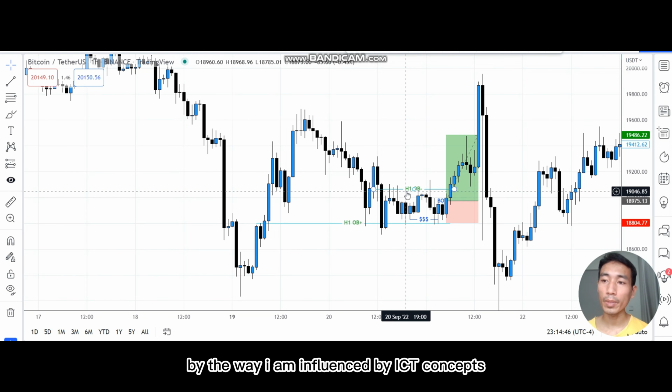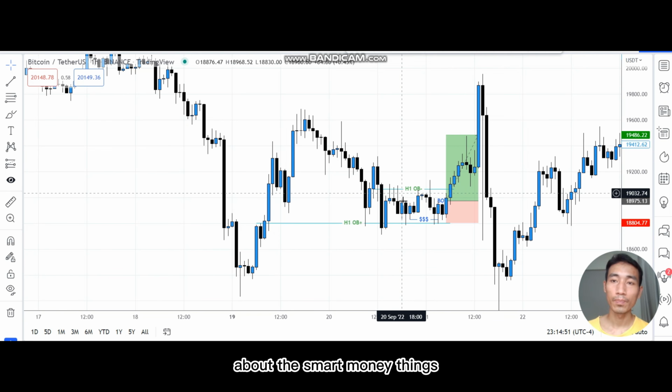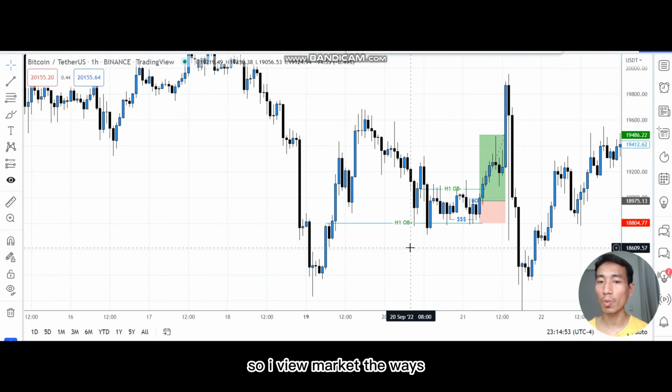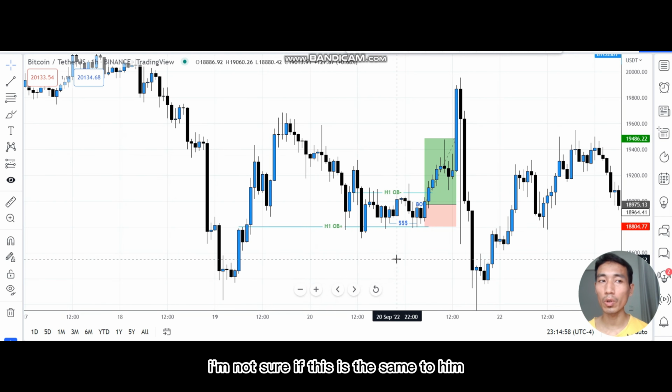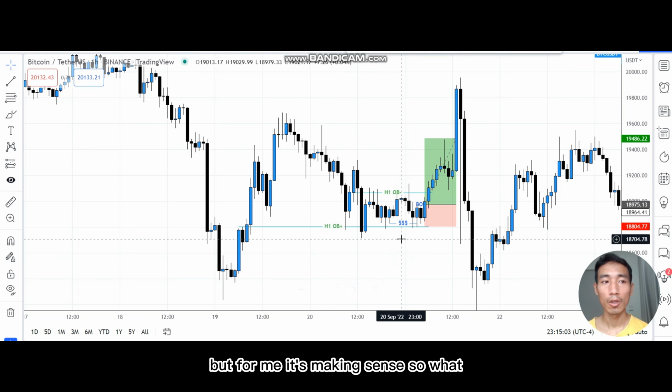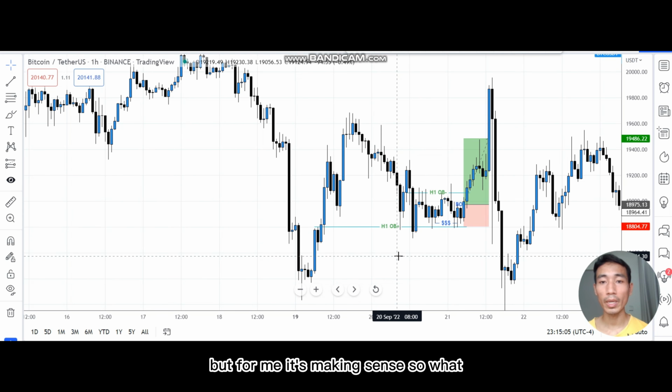By the way, I am influenced by ICT concepts about the smart money things, so I view the market in ways that are quite similar. I'm not sure if it's the same as ICT himself, but for me, it makes sense.